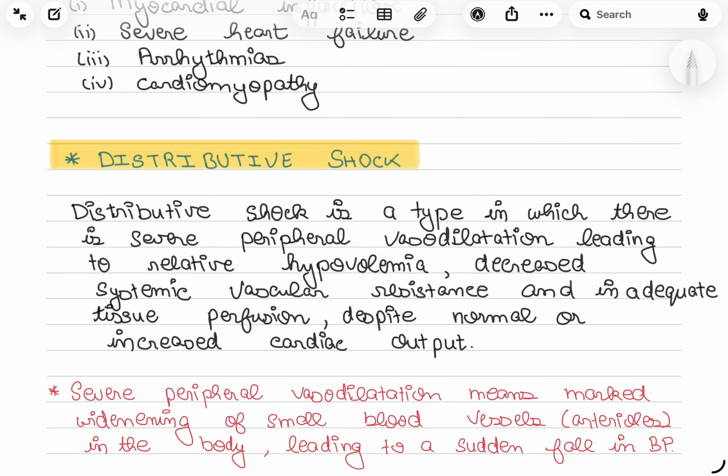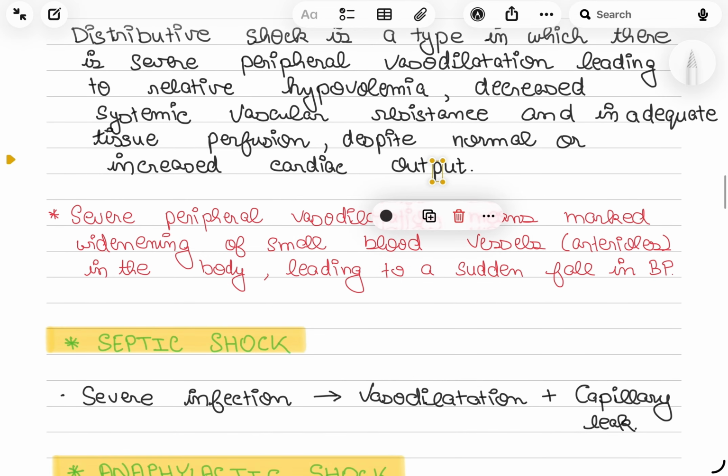So the third one is distributive shock. Distributive shock is a type in which there is severe peripheral vasodilatation leading to relative hypovolemia, decreased systemic vascular resistance, and inadequate tissue perfusion despite normal or increased cardiac output.